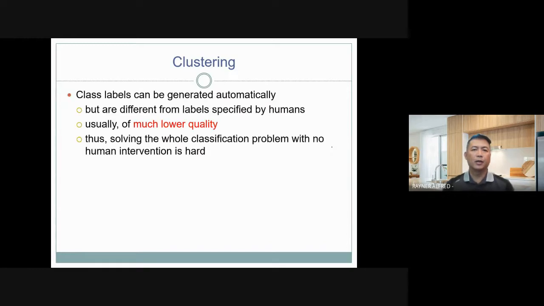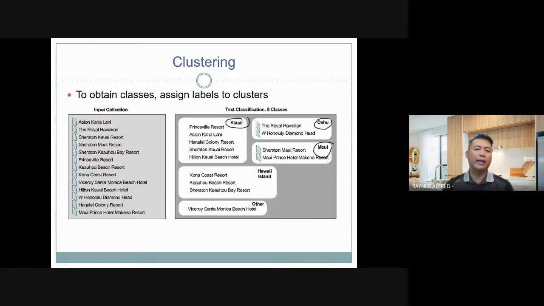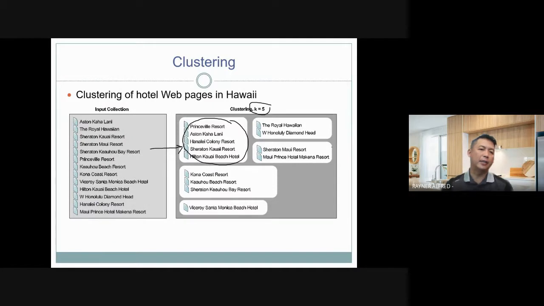So how do we actually divide them? For example, from your input collection, and from K, we want to divide them into 5 clusters, so we will assign them into 5 groups. How do we actually perform this?